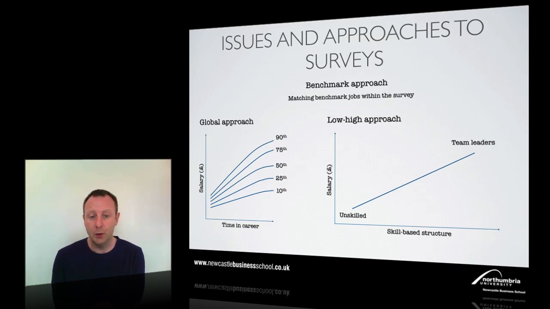Well, the low-high approach, which is identified here on the right of the slide, provides a, albeit crude, way of doing that.